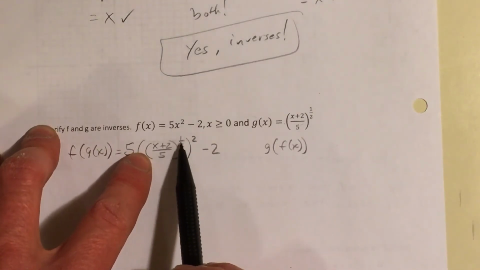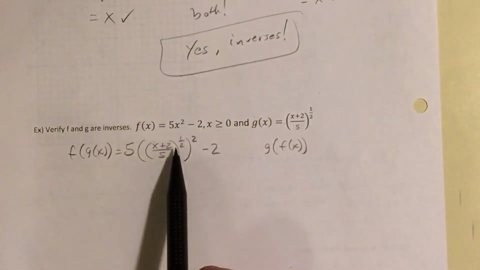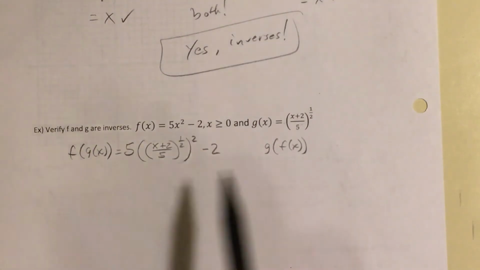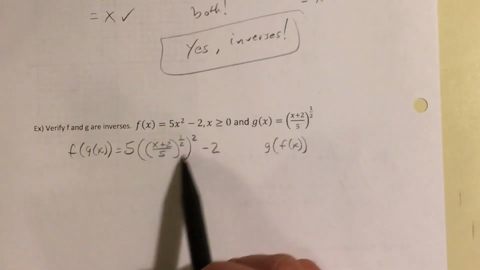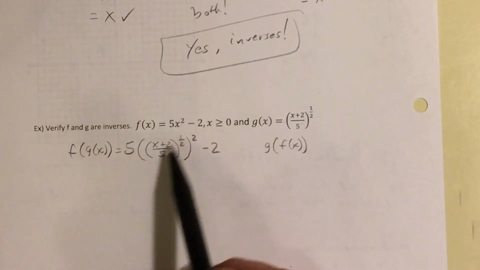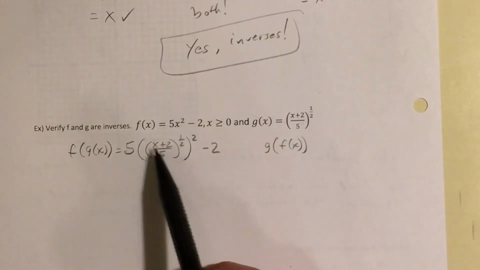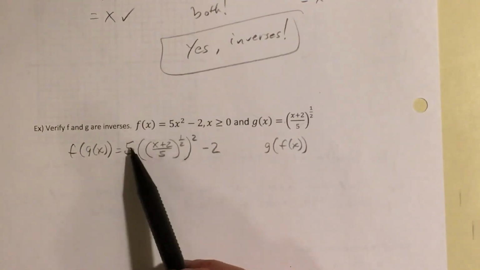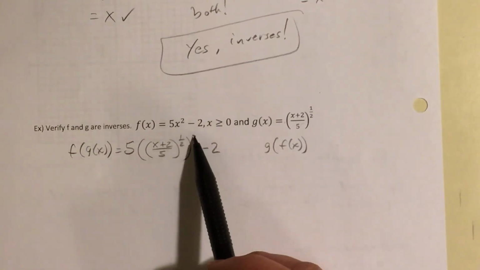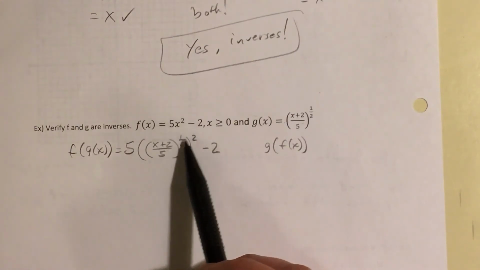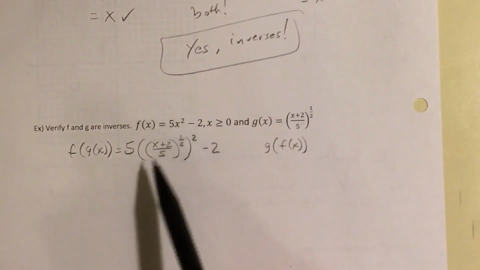There's no property of exponents that says that exponents travel across addition and subtraction. So we've got nothing to do here until we look on the outside of this parentheses. Then we've got a choice to make. Do I multiply this 5, cross those out? Or do I do this exponent of 2 and cross those out?